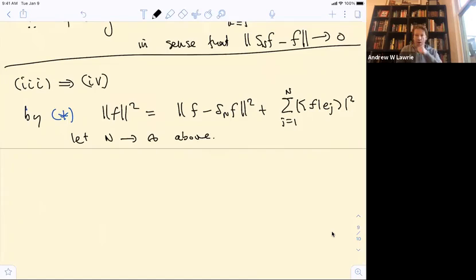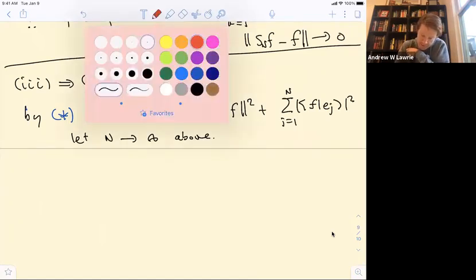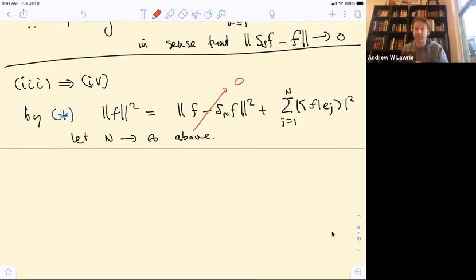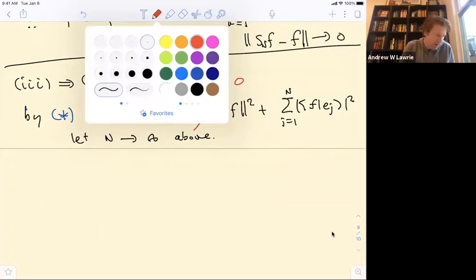As N goes to infinity, this term goes to 0.